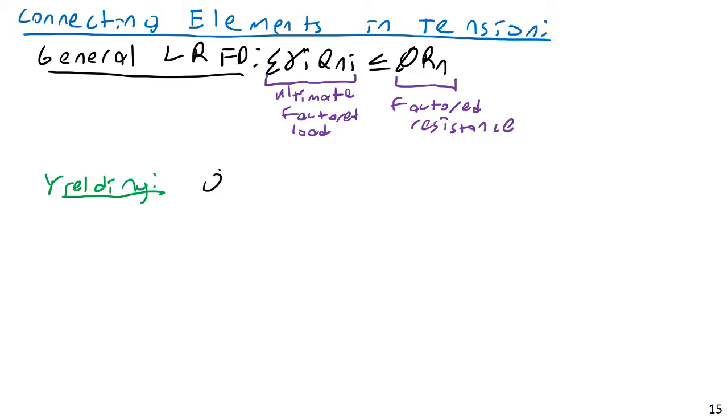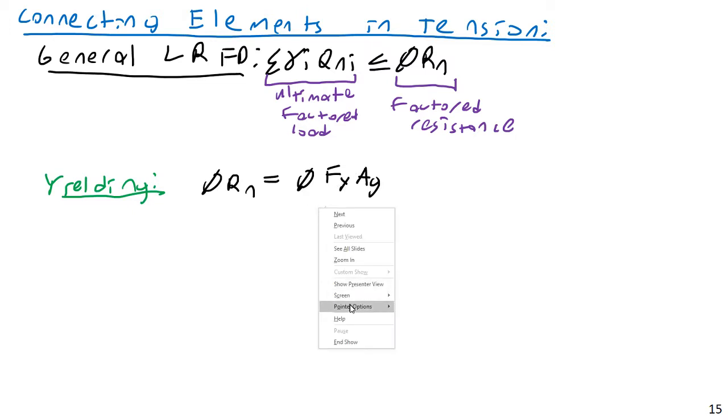In the case of yielding for connecting elements, R_n is going to be equal to phi times Fy times Ag, where phi is our resistance factor, Fy is our yield strength, and Ag is our gross area, the gross cross-sectional area of our connecting element.